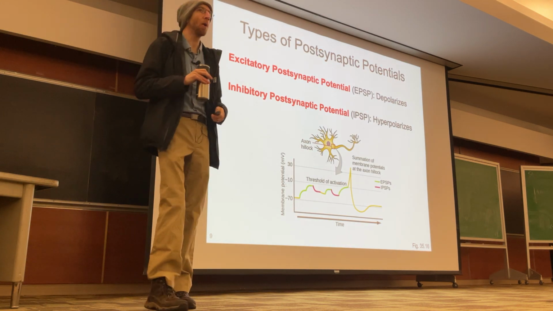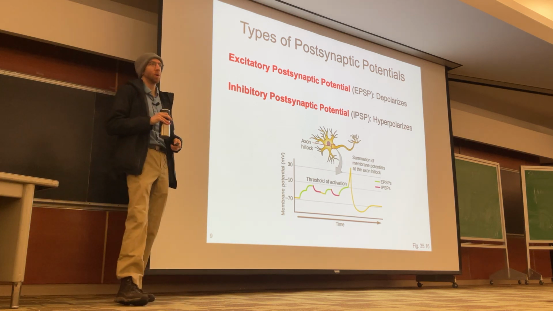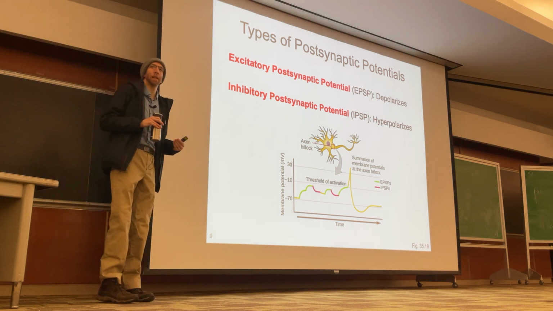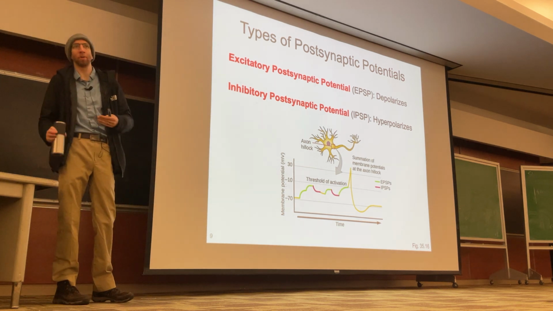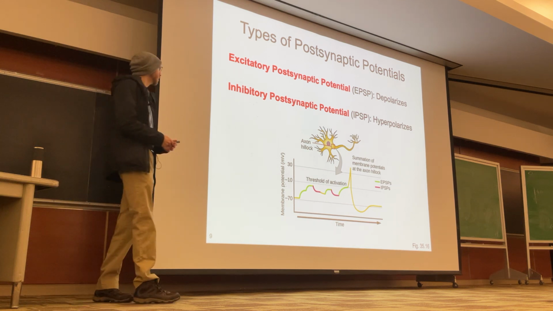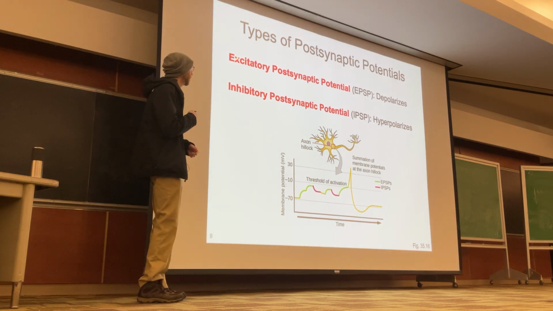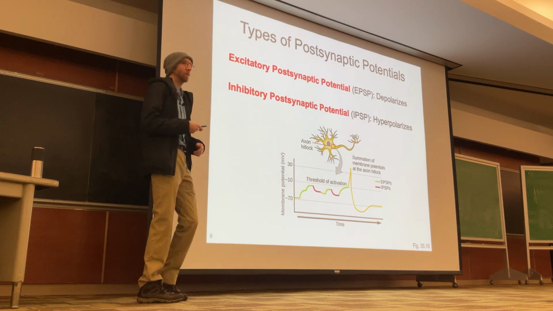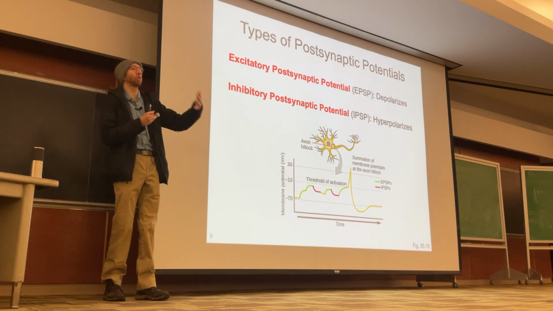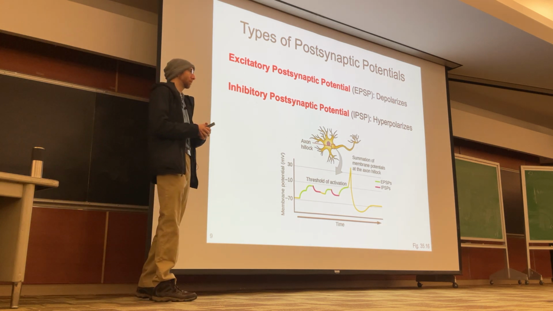Now, there's two types of postsynaptic potentials. These names are long and complicated, but they basically just mean depolarization or hyperpolarization, like we talked about last time. So an excitatory postsynaptic potential, or EPSP, just means you depolarize that target cell, which brings it closer to the threshold to trigger an action potential.